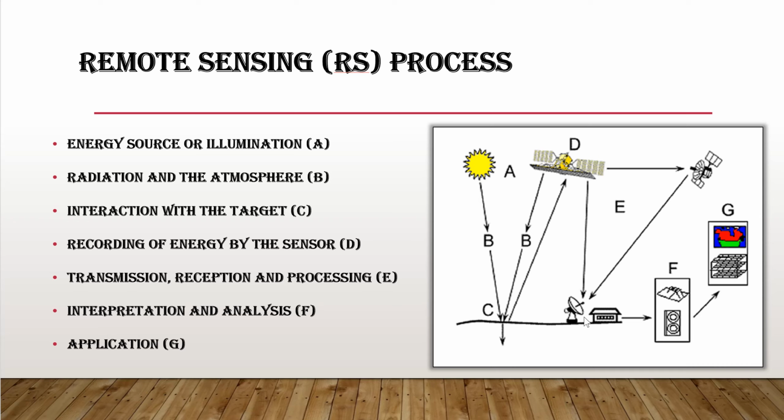And the next is application, that is G. The final element of the remote sensing process is achieved when we apply the information we have been able to extract from the imagery about the target in order to better understand it, reveal some new information or assist in solving a particular problem. So this is the overall process of remote sensing.